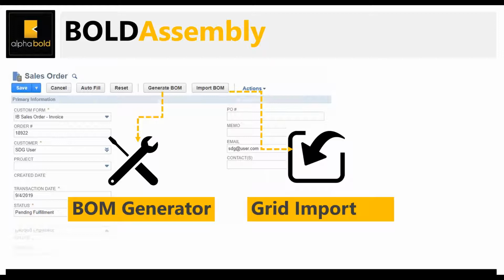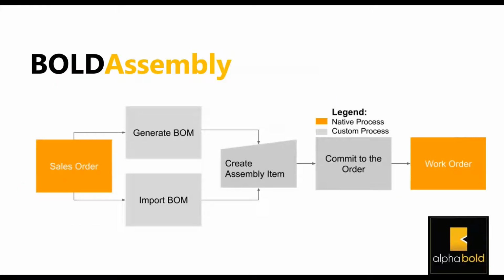Okay. So to put things into context, if you look at this diagram, you can see that the orange box is what the process typically looks like when it comes to production and order fulfillment. Today in NetSuite, if you have a custom sales order that comes in and you need to fulfill that sales order, you would have to have items already in NetSuite pre-configured.